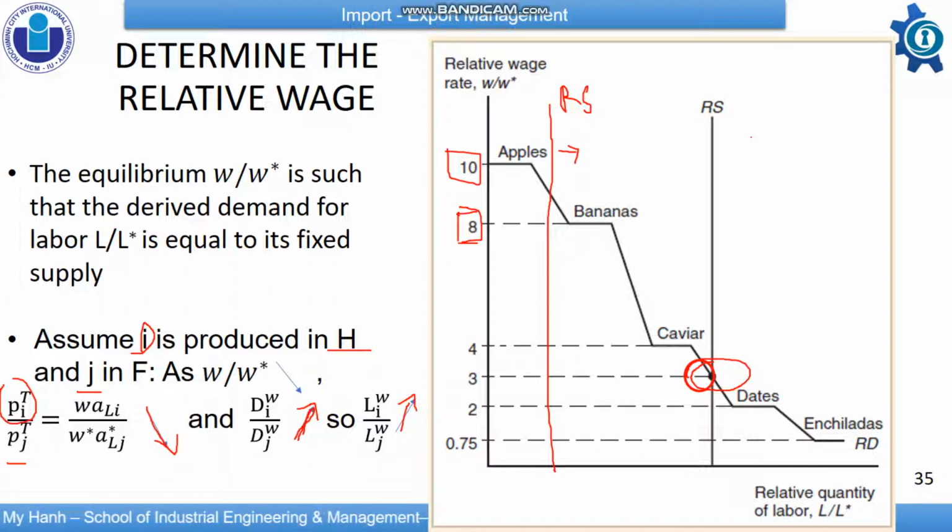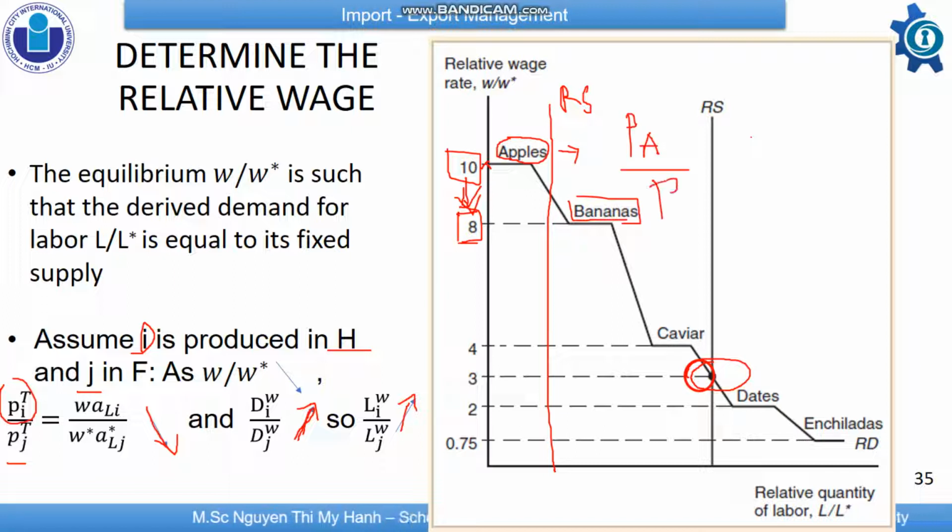So at first the relative wage in home to foreign is 10. So if it changes to 8, what will happen? If it decreases, it means that the price of apple compared to banana will decrease, right?